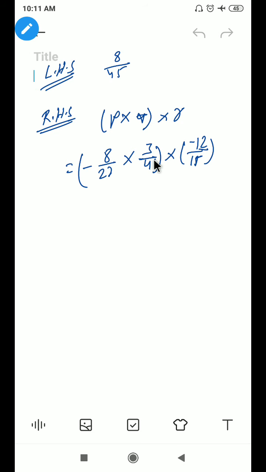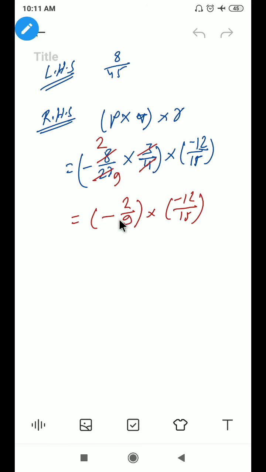This 4 and this 8 will be cancelled out, this 3 and this 27 will be cancelled out, and what is left here is 2 by 9 and here minus 12 by 15. Now this 9 and this 12 will be cancelled out. Whenever you multiply something, multiply their signs. So minus minus will be plus, and there is 8 by 45.